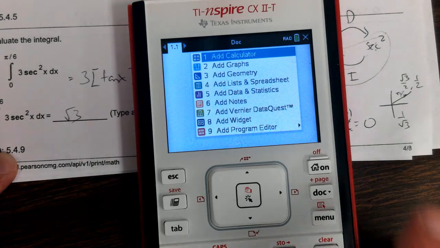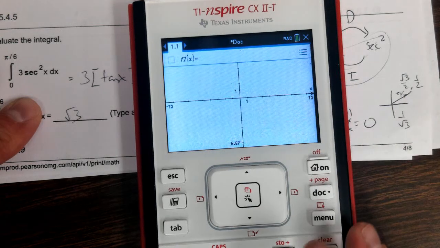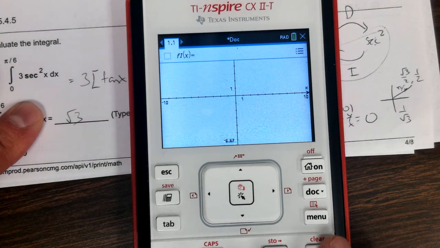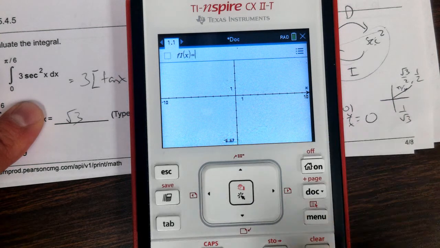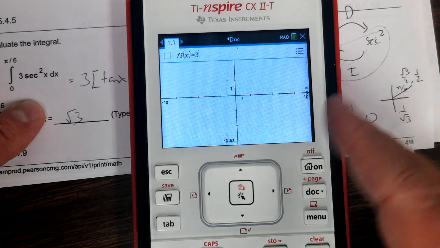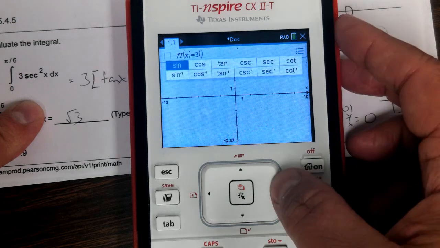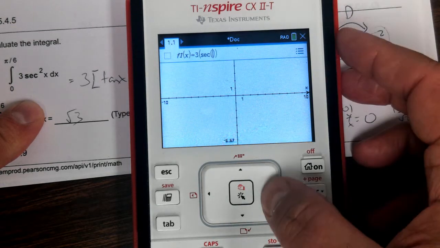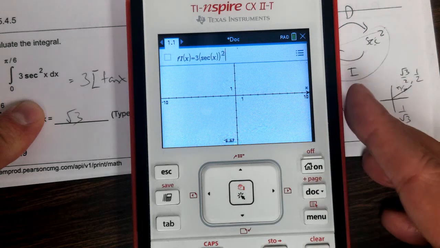Okay, so let's check this same thing on the calculator. You want to do add graph. Now, by the way, I also caught a calculator flaw while I was doing this. You do 3 and then open parentheses, secant x squared.